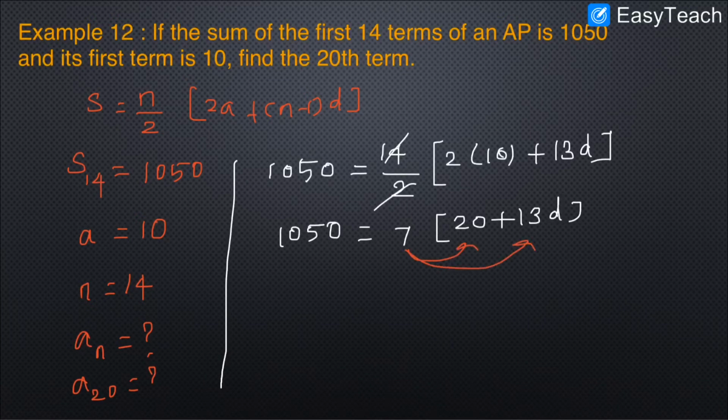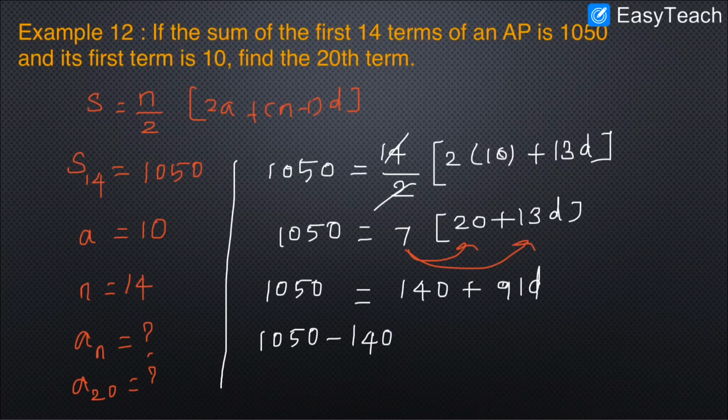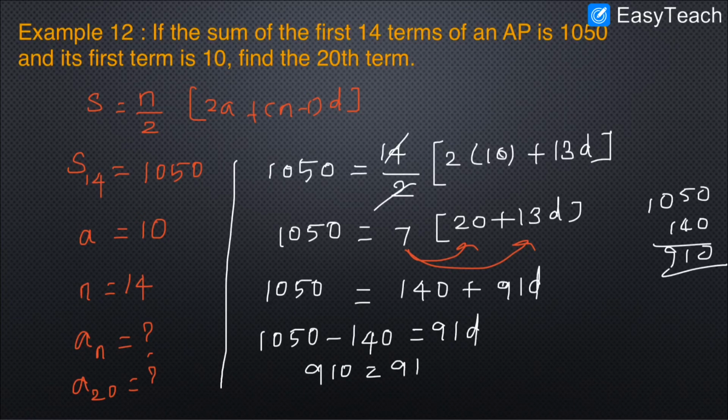Let's multiply inside by 7, so I get 140 plus 91d equals 1050. So 1050 minus 140 equals 91d. So 910 equals 91d, which means d equals 10. Now we know d and a.